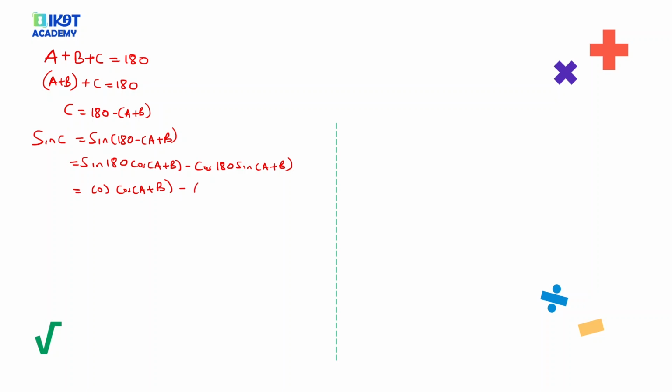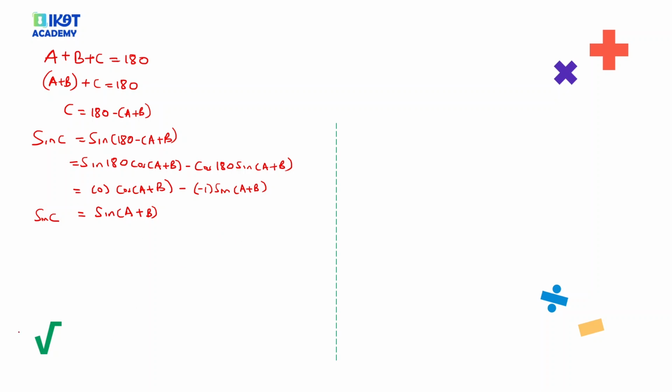The cos of 180 is negative 1 sine. So we have our final answer, this is a negative and a negative, this is sine (A plus B) is equal to sine C.